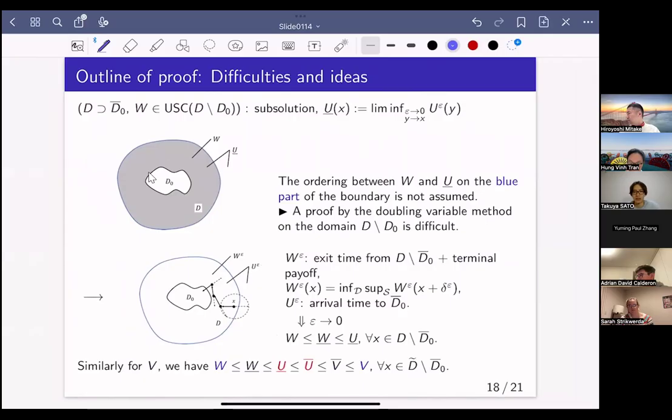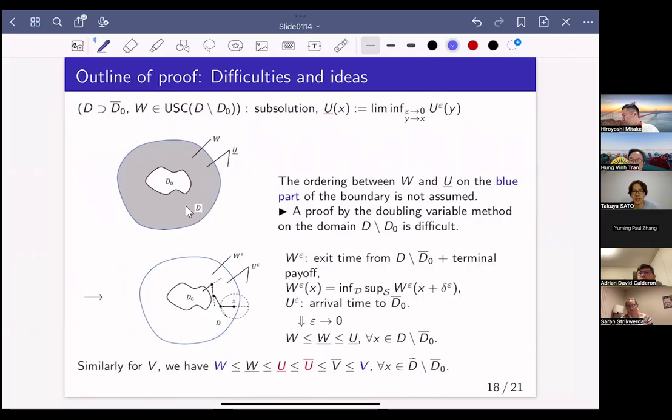This is an outline. For some arbitrarily given subsolution (D, W), at first we needed to get the ordering between W and u.